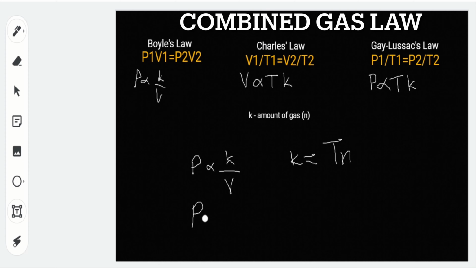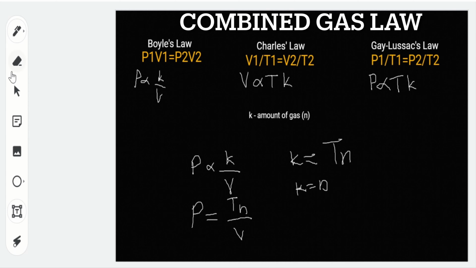Pressure is equal to temperature times the amount of gas in moles over volume. Again, the K constant here is the amount of gas, which is represented by this n here.